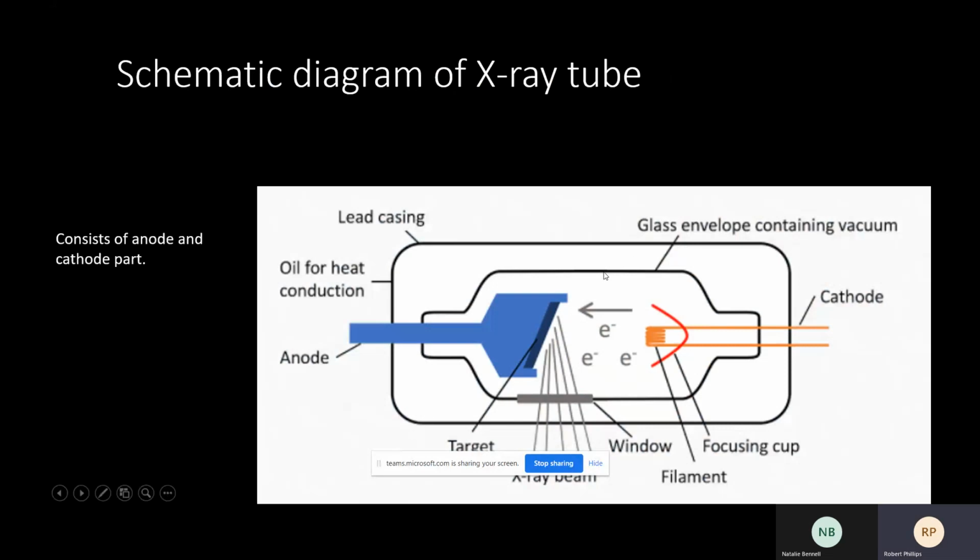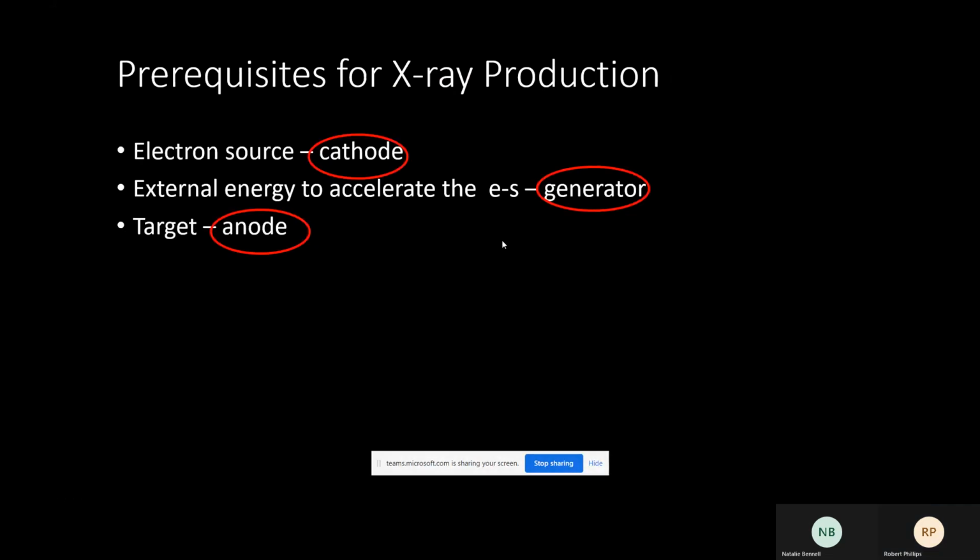It has got a glass envelope containing vacuum and the lead casing. And between lead casing and glass envelope is an oil for heat conduction. And in X-ray tube, cathode provides electrons. Generator gives external energy to accelerate electrons. And target metal is anode.